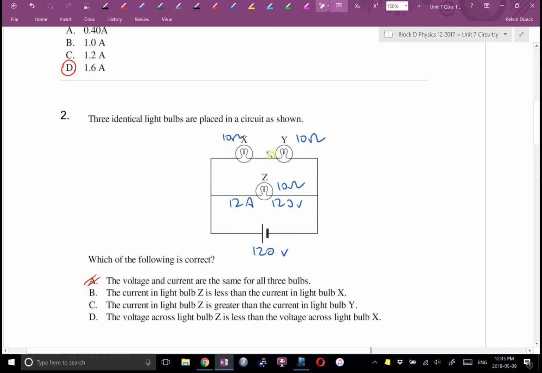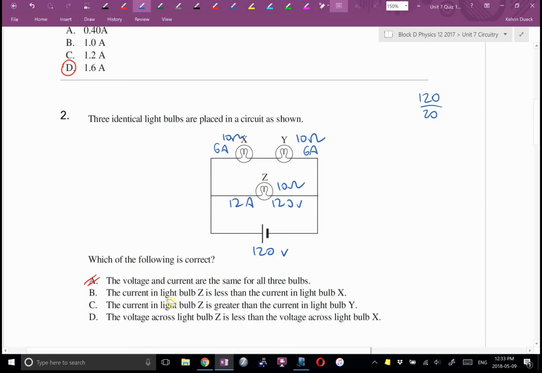So the current flowing up there is going to be 120 divided by 20, which is 6. So this is 6 amps, 6 amps, 60 volts, 60 volts, which makes sense. They're identical resistors. They should split the voltage.